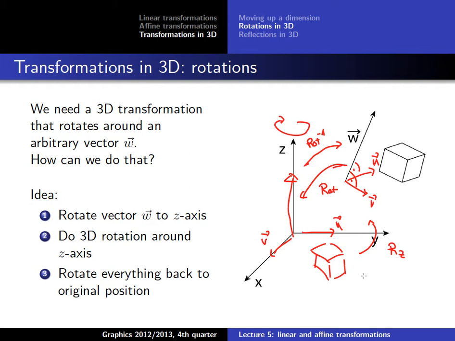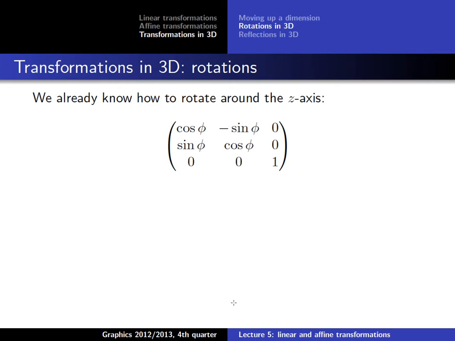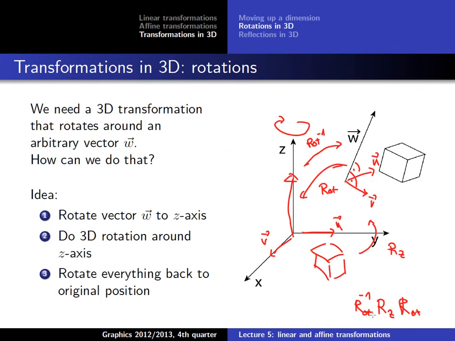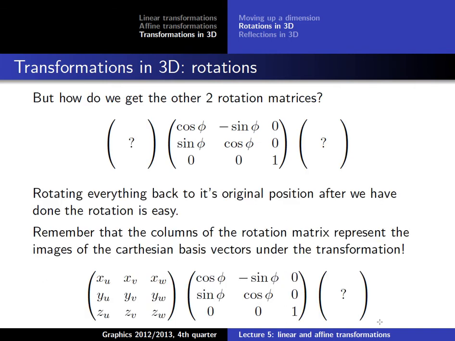So then we can do the transformation by this here. That's stupid notation, forget about it. Alright, that is our final transformation matrix. And of course we already know this R z here in the middle, because that's the easy case that we identified. Now all we need is these others here.